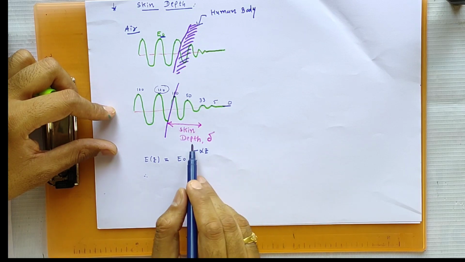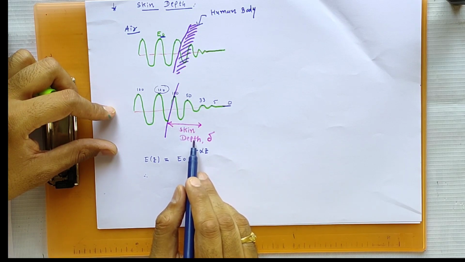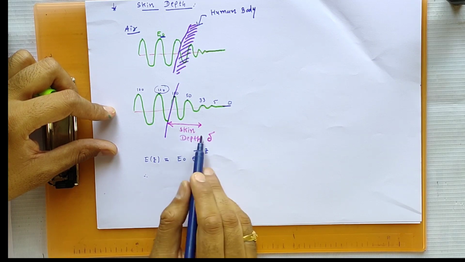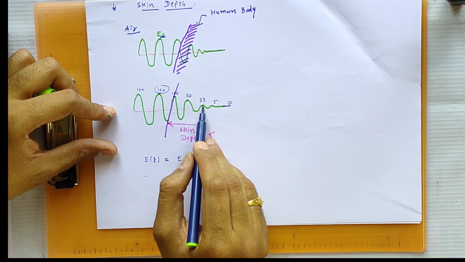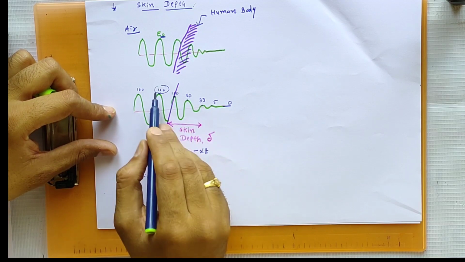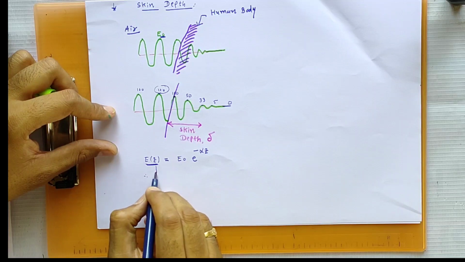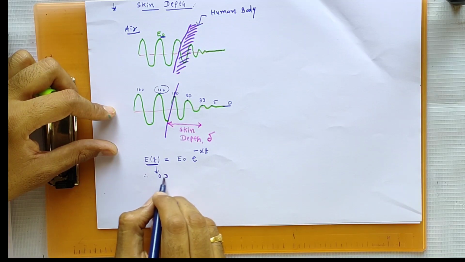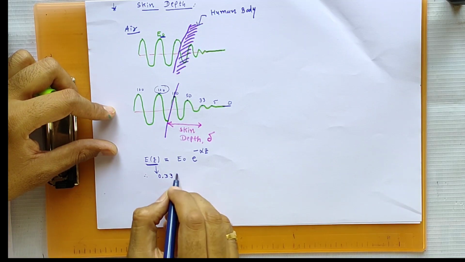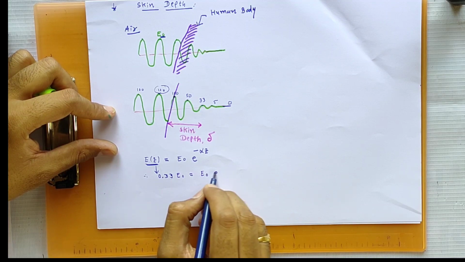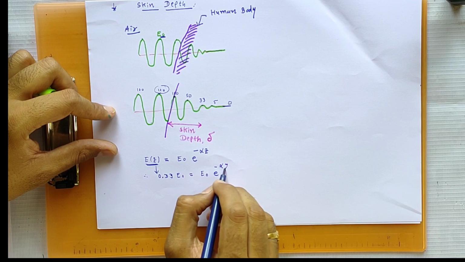Now, what is the definition of skin depth? Skin depth means the distance traveled by electromagnetic wave inside the good conductor where the value becomes 33% of its maximum value. So 33% means 0.33 times the maximum value E0, which equals E0 e raised to minus alpha z.